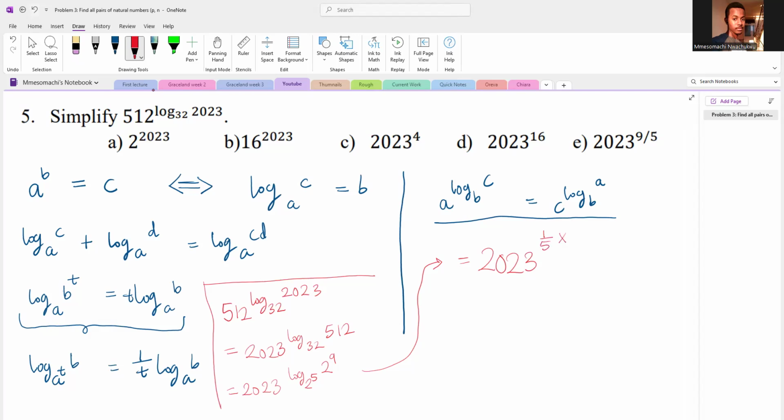When the power is in the input to the logarithm function, we can just bring it out without inverting it. So this is log to base 2 of 2. Since the base and the input are the same, that is going to be equal to 1. So this is equal to 2023 to the power of 9/5, times 1. And that is option E.